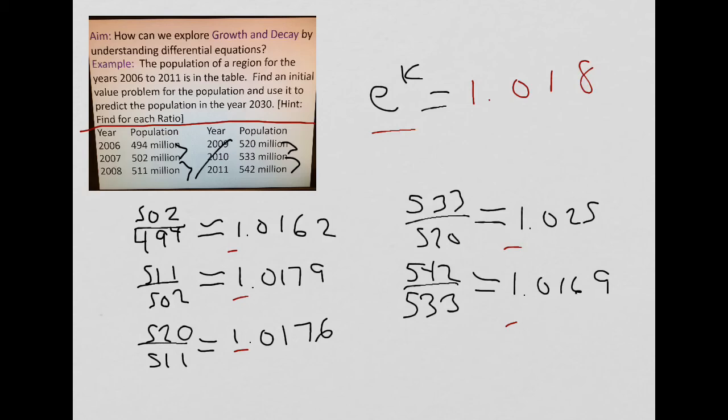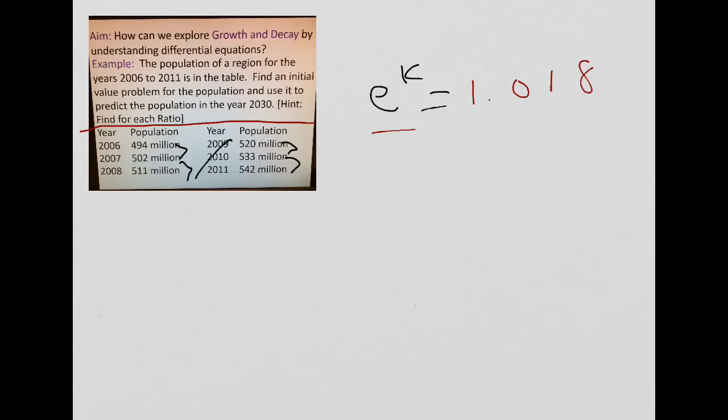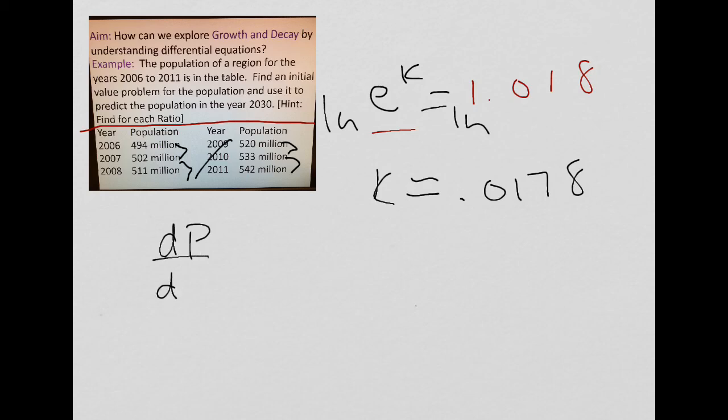So that's what we set our proportion equal to. When we solve this, k turns out to be approximately 0.0178. Once again, it's 4 decimal places because it's still part of our work. And that is what we're going to make dP/dt equal to: 0.0178P. Then we just solve it like we have done in previous problems.